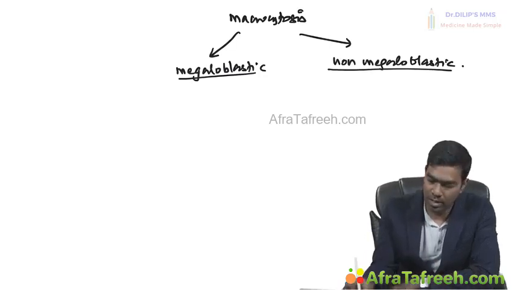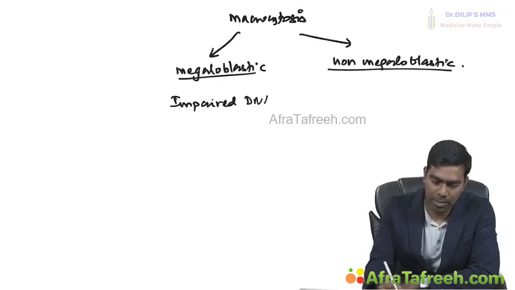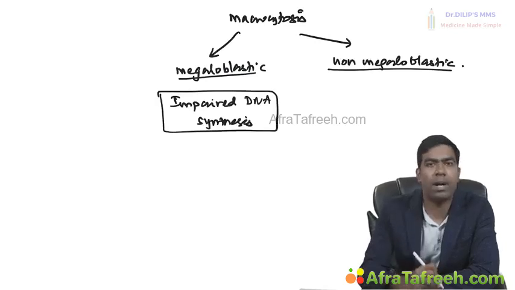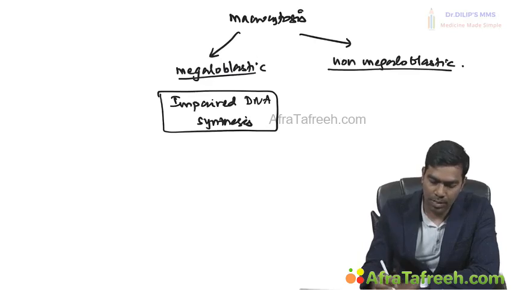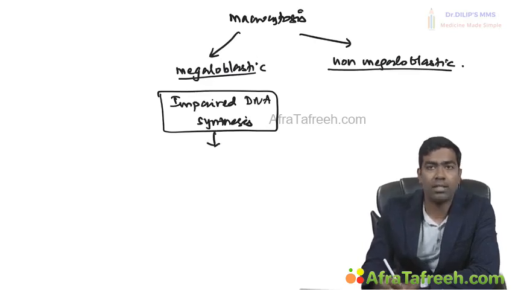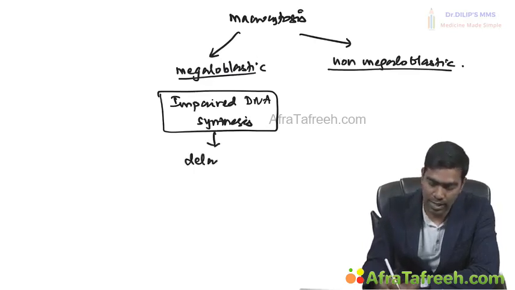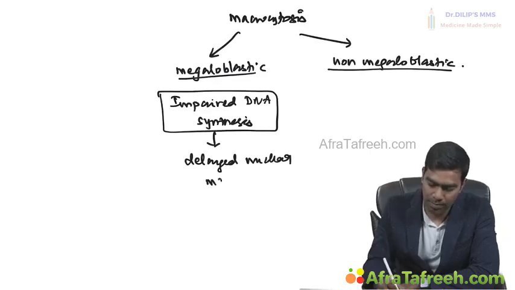In megaloblastic macrocytosis, your DNA synthesis will be impaired. That is the basic idea of megaloblastic macrocytosis, impaired DNA synthesis. Because of the impaired DNA synthesis, there will be a delayed nuclear maturation.